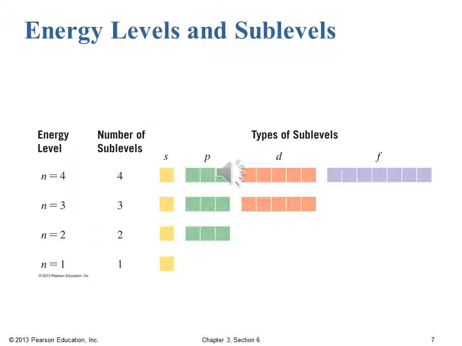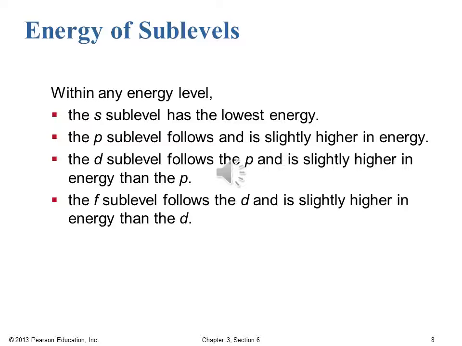Notice that there's 1 s orbital, 3 p orbitals, 5 d orbitals, and 7 f orbitals. Every time we get a new sublevel, we get 2 more orbitals, or 2 more boxes in the picture, than we had in the previous one. So it goes 1 box for s, 3 boxes for p, 5 for d, 7 for f. We're counting up by 2s, starting at 1 for our s sublevel.